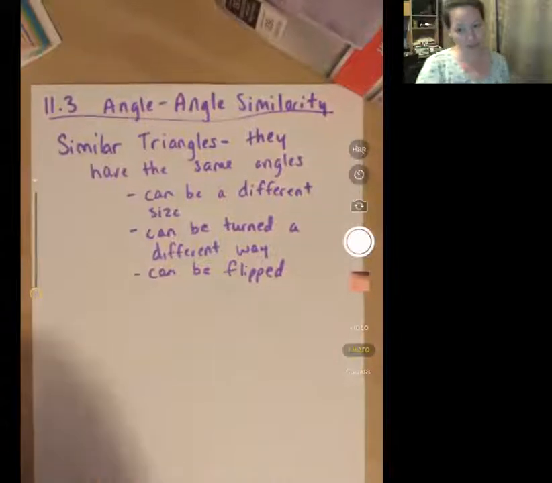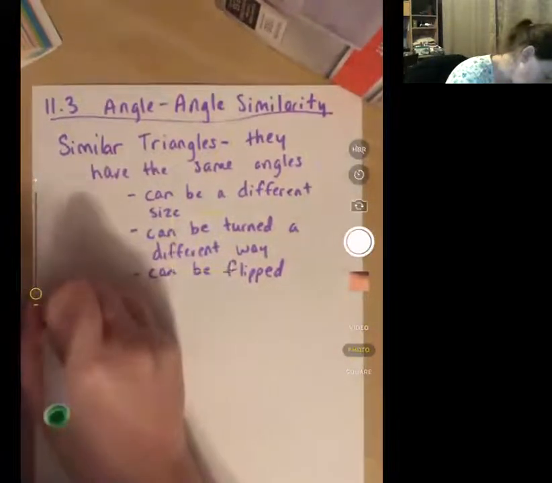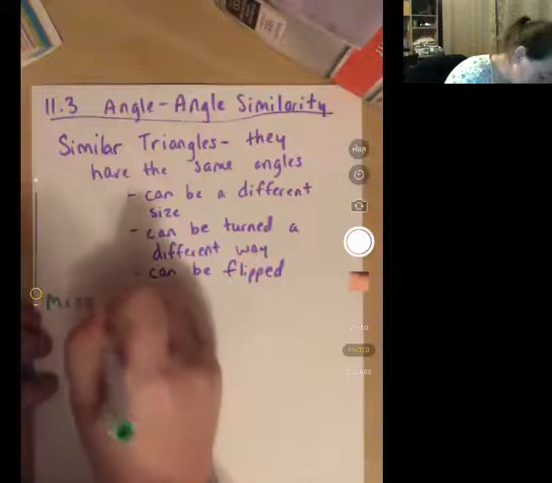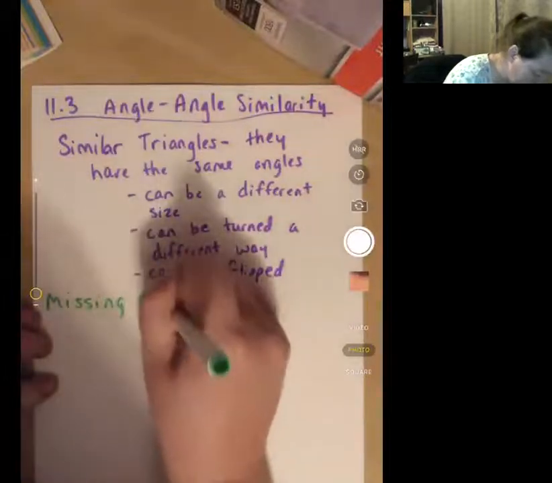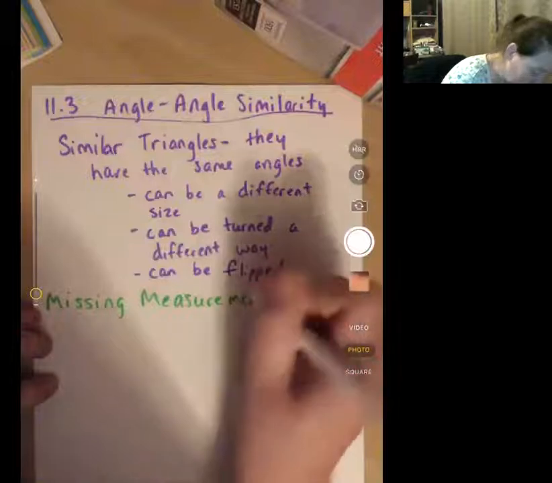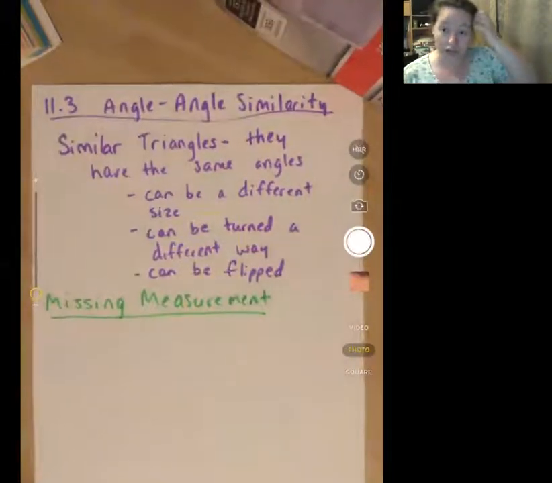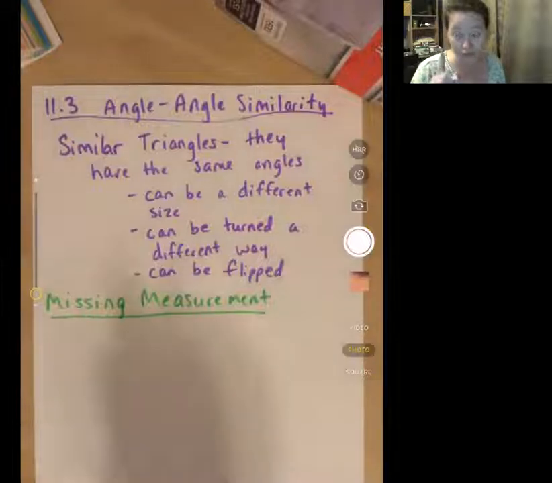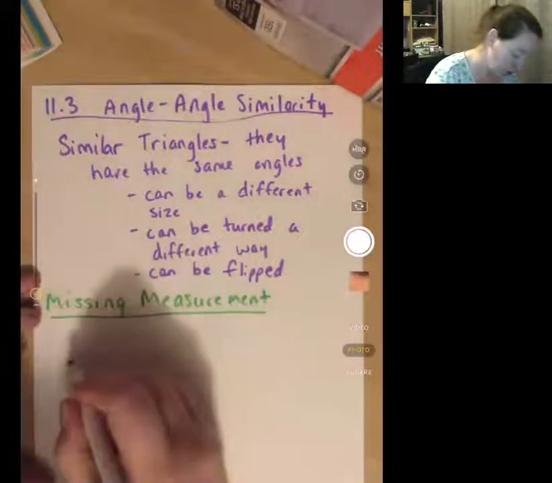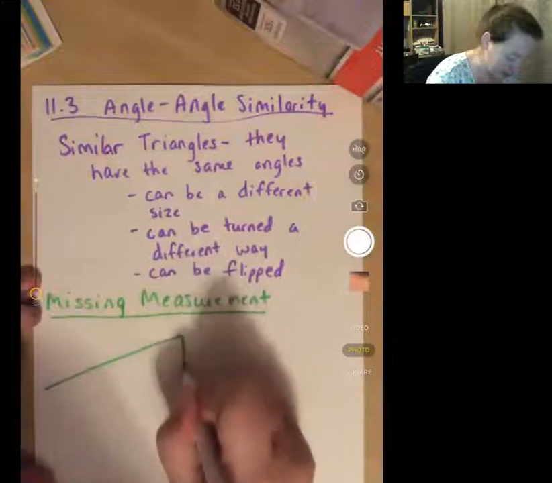Now this one you might get a little confused about. Okay, so this is how I find a missing measurement when I am looking at my similar triangles. This is only with similar triangles that we're talking about here. So let's say that I have a triangle like this.